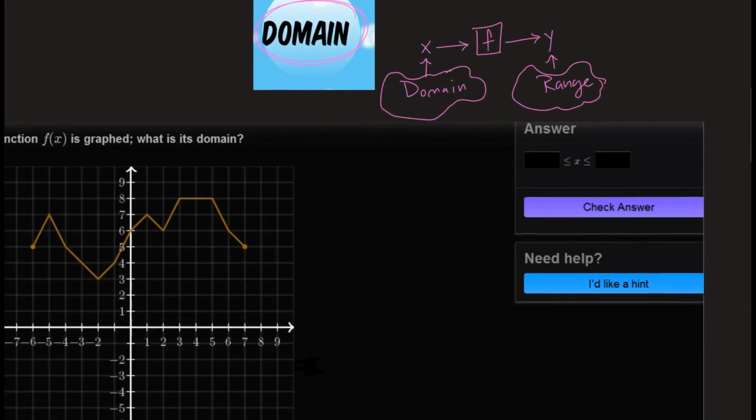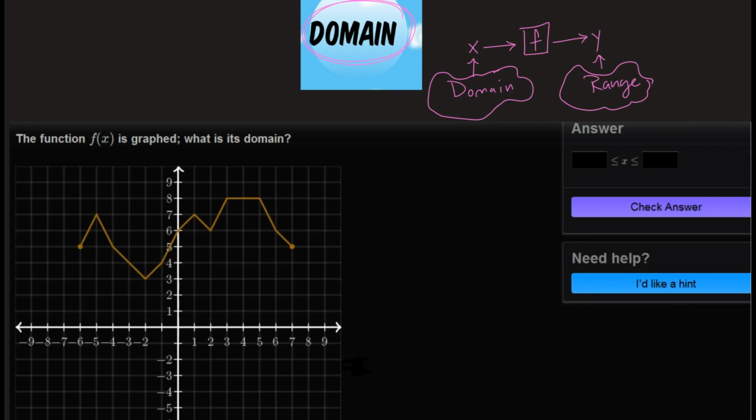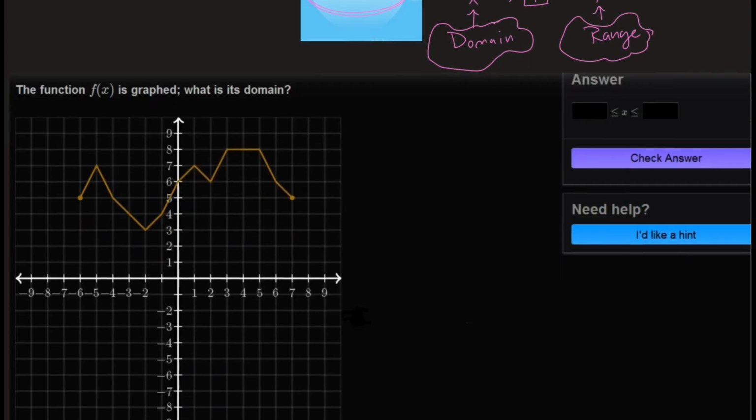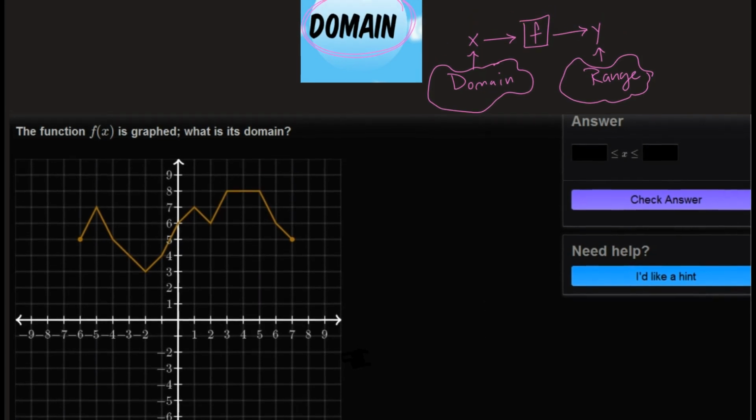So here, in this example, we have this function f of x. Now, when we're asking about domain, remember, we're thinking about all of the possible x values that are on this graph.